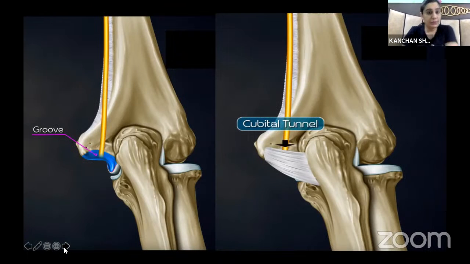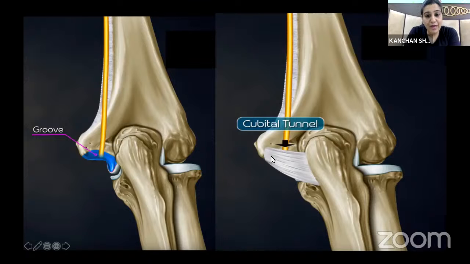So coming to the cubital tunnel, this is our medial epicondyle, this is our olecranon process of the ulna. Now you see in between these two, the ulnar nerve passes.